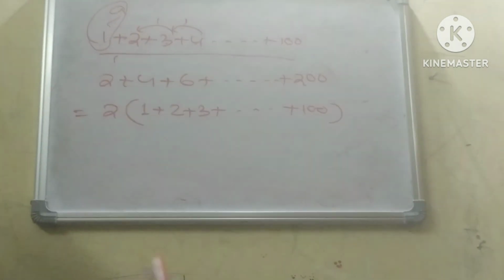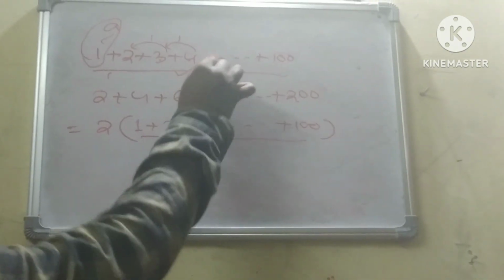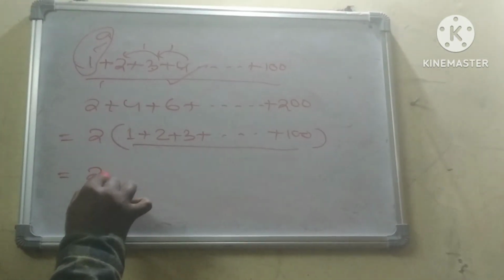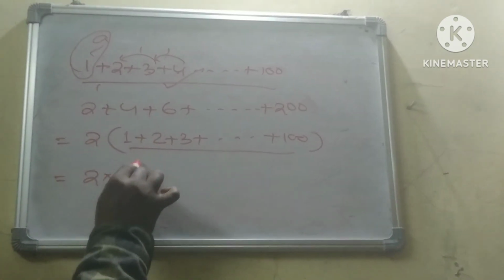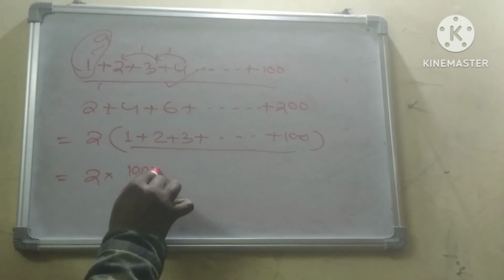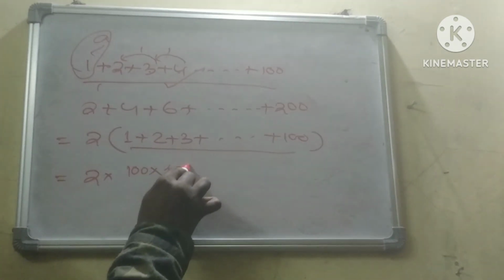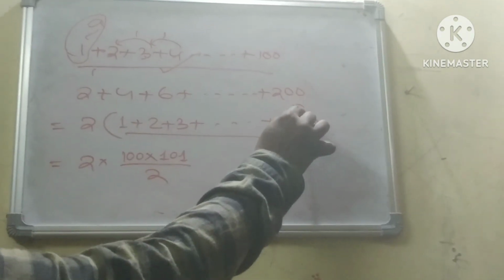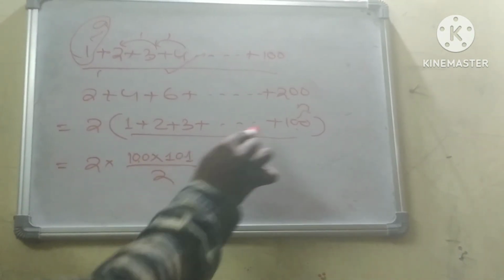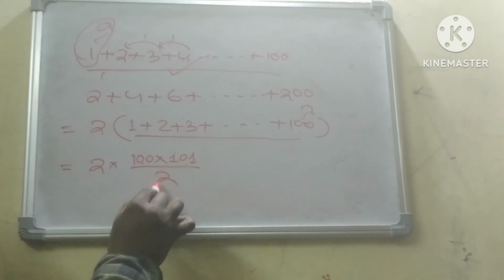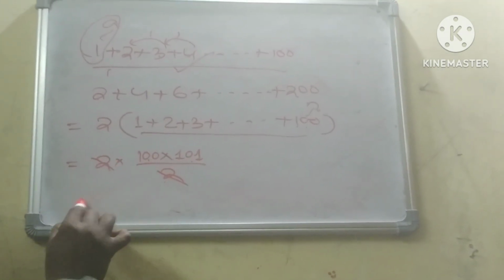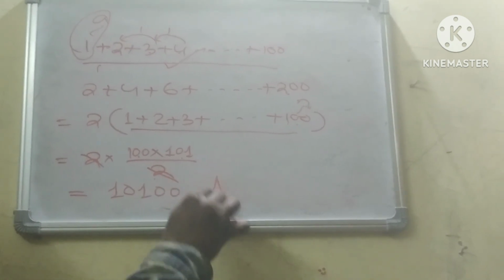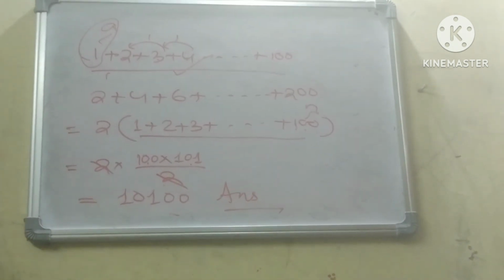Now we are getting the same thing as here. So twice n into n plus 1 by 2. Take n as 100. n into n plus 1, 100 plus 1 is 101, by 2. The 2 cancels. It will be 101. Right?